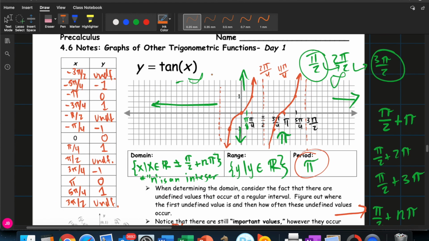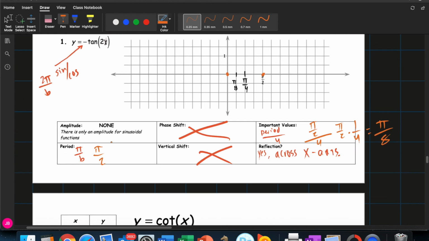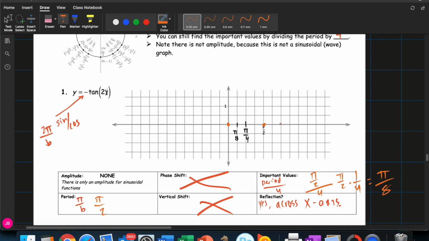If we go back, what is the pattern, guys? It goes 0, then what? Okay, so it follows a pattern. So if my important value is pi over 8, what's going to be my next?